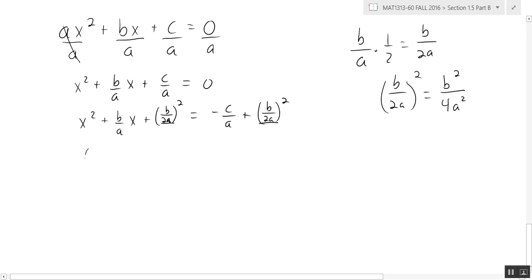Now the left side is guaranteed to factor. Why is it guaranteed to factor? Because of the method that we go through. It guarantees that we get a perfect square on the left side. So that perfect square would be x, look at the sign in front of the middle term, plus, and then whatever we squared we put here and here. So b over 2a and b over 2a, we put there and there.